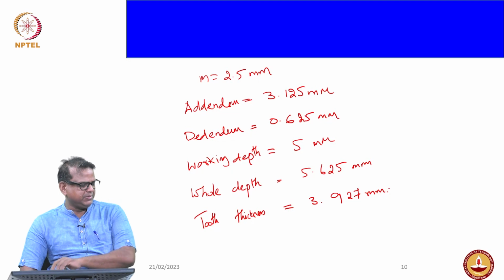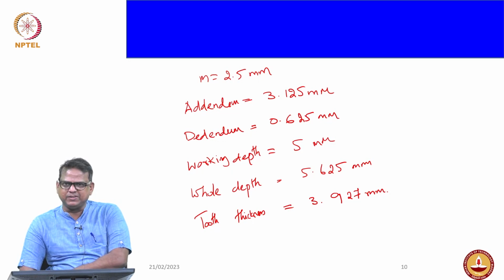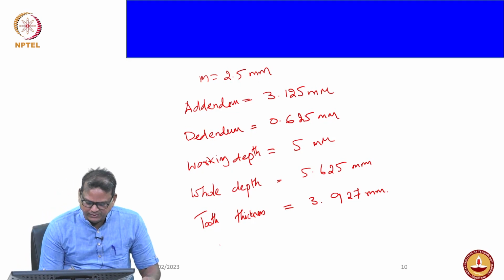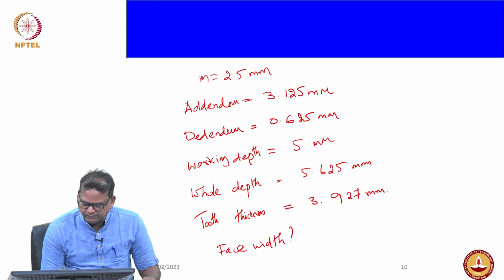So one parameter is missing. Which parameter is missing? It is the face width. That face width parameter is missing. We need to find out what is the face width.